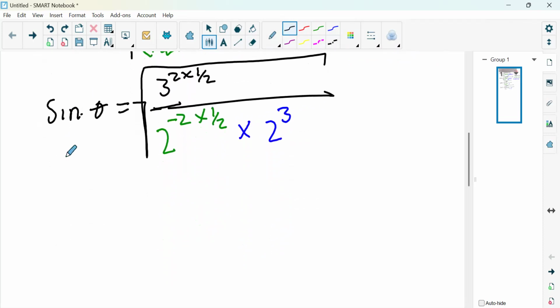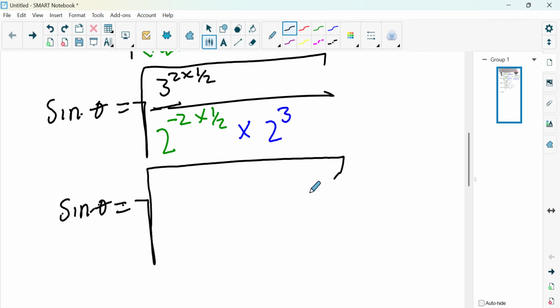So you have sine of theta is equal to. Now let's solve it. Those ones are going to cancel each other, and we're going to remain with 3, so we have root 3 on top. And then below, you have 2 to the power minus 1, which is a half, multiplied by 2 to the power 3.